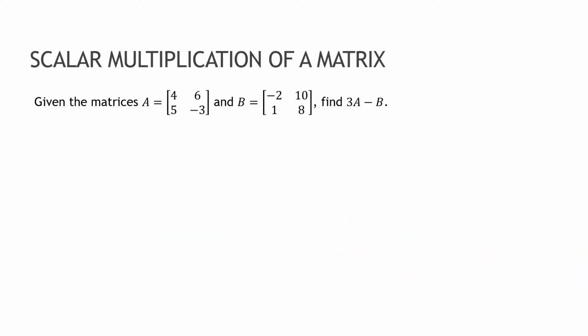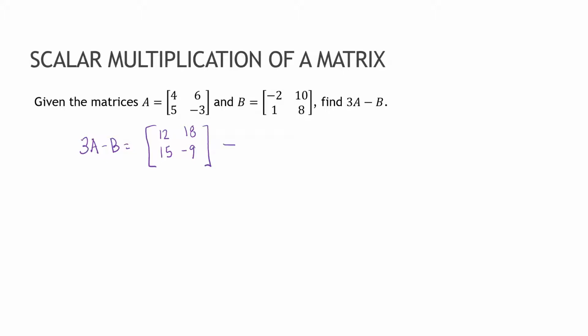Here's another one for us to try together. We're given two matrices, A and B, and we're asked to find 3A minus B. So I'm going to find 3A first. 3A is 3 times 4, 3 times 6, 3 times 5, 3 times negative 3.